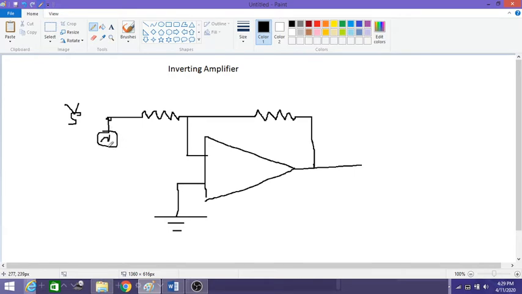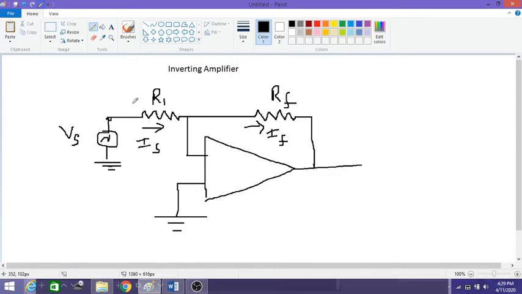Let me connect an AC source. So a voltage source is connected across the inverting terminal. Let us call this voltage source Vs, through a resistance R1, and the current flowing through this let us call Is, and the current flowing at this point let us call If.